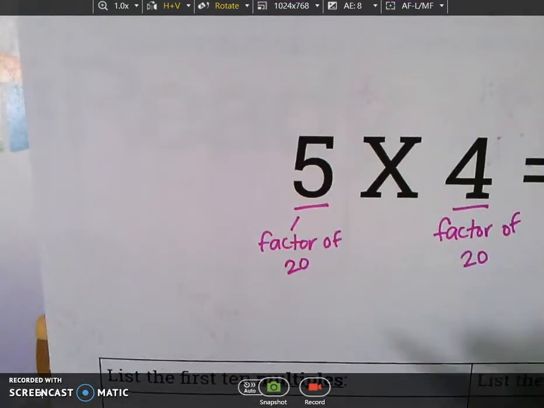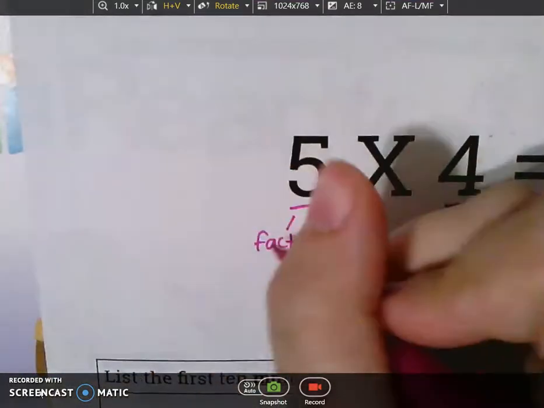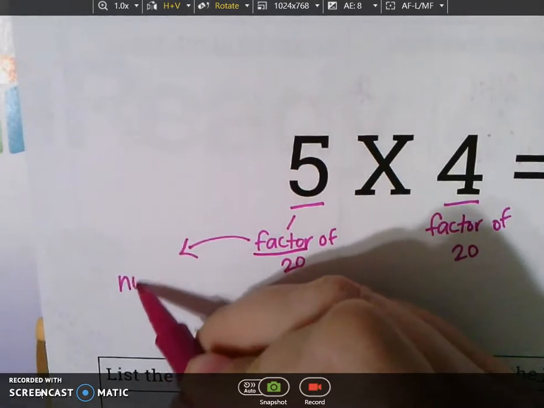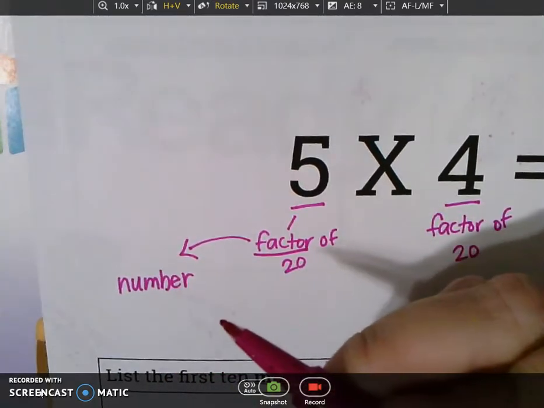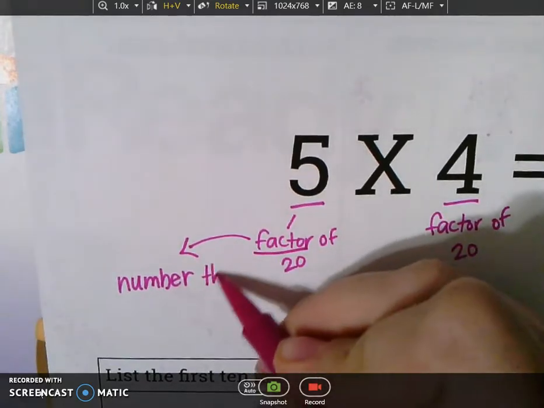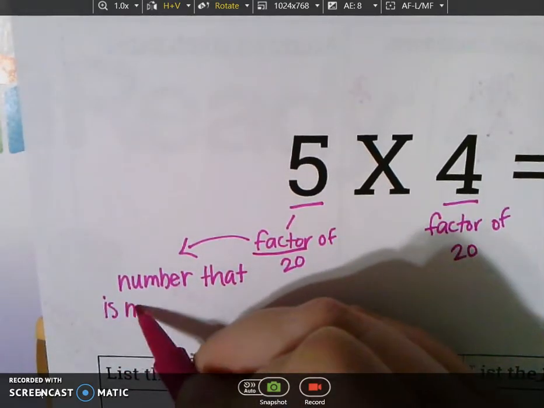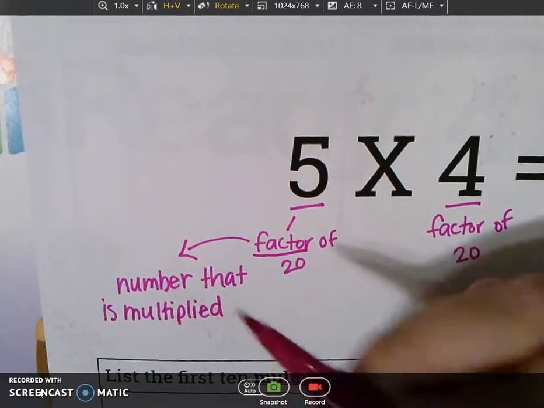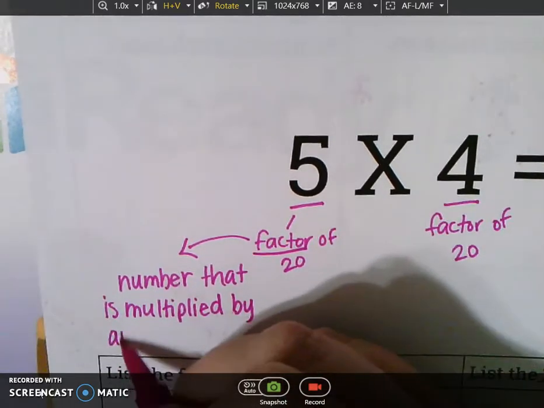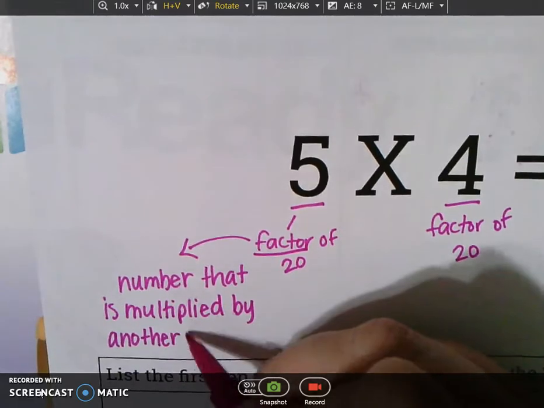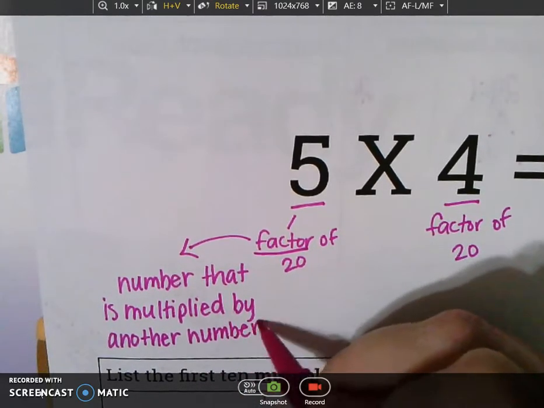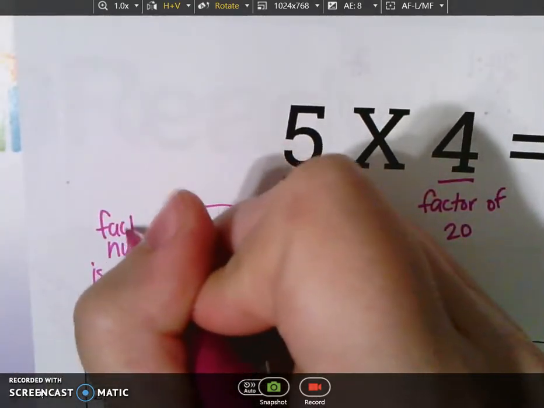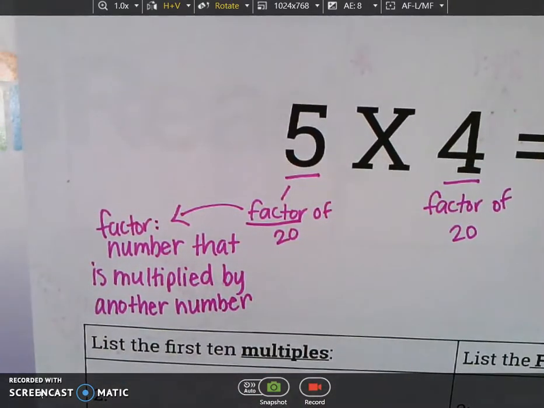To clarify that, if we're talking about a factor, we are talking about a number that is multiplied by another number. That would be a factor. And those are the factor pairs we've been talking about this week.